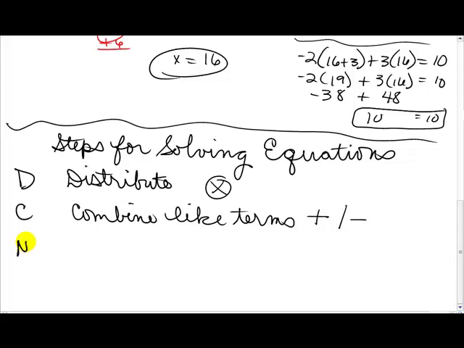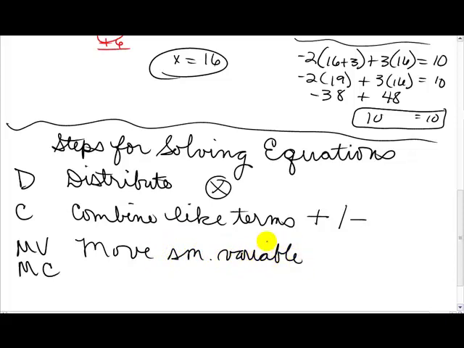Then we have M, V, and MC. And you could write them as just one, or we could write them as two. We're going to move the smallest variable, and we're going to move a constant.